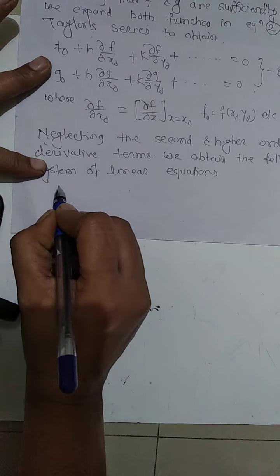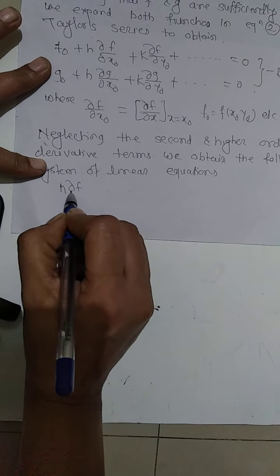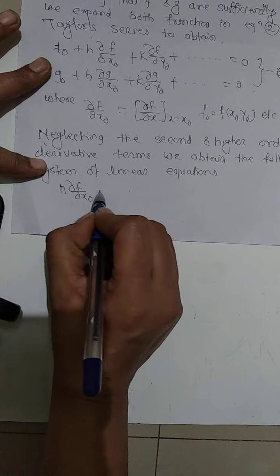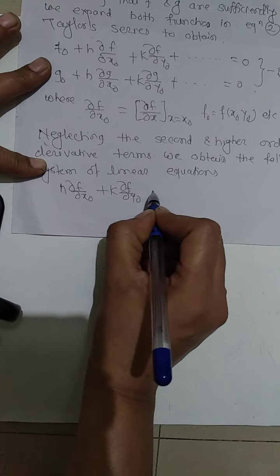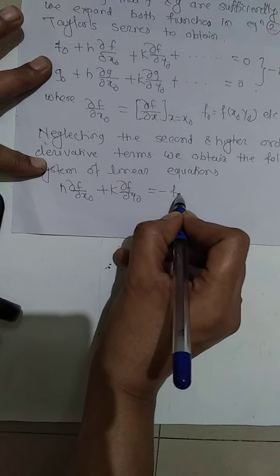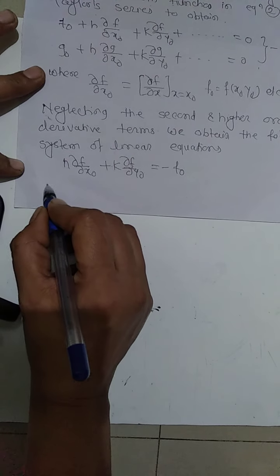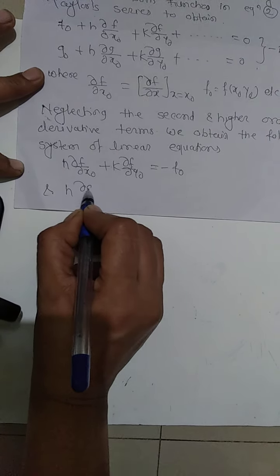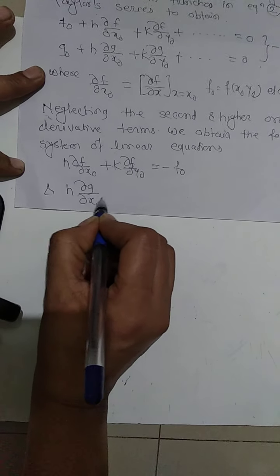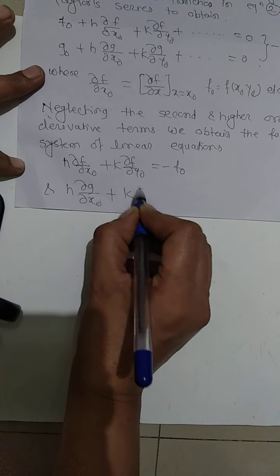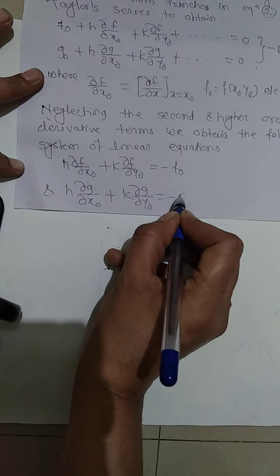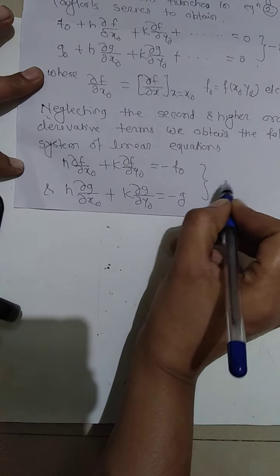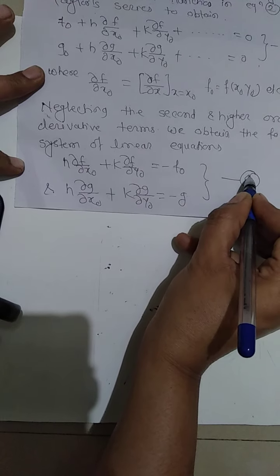That is, h del f upon del x0 plus k del f upon del y0 is equal to minus f0, and h del g upon del x0 plus k into del g upon del y0 is equal to minus g0. That is equation number 4.